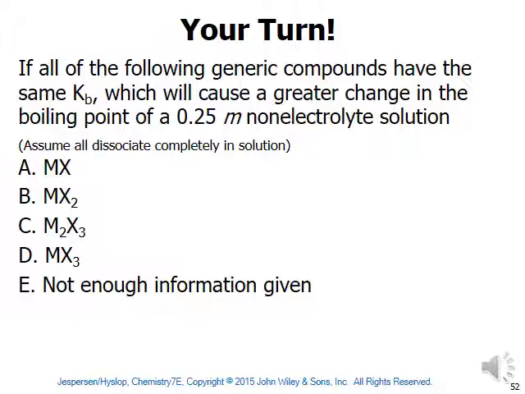Okay, so here's an extrapolation problem that we're going to use that's going to relate also to osmotic pressure in a little bit. If all the following generic compounds have the same Kb, which will cause a greater change in the boiling point at 0.25 molality?